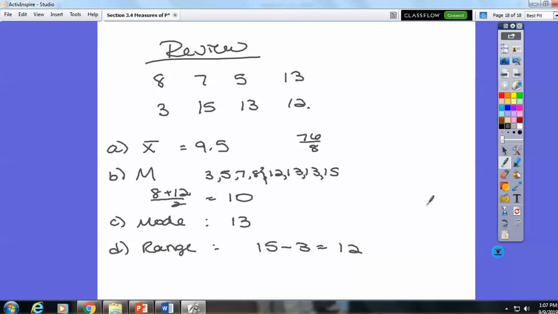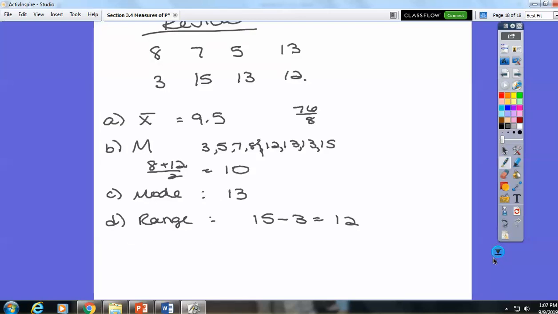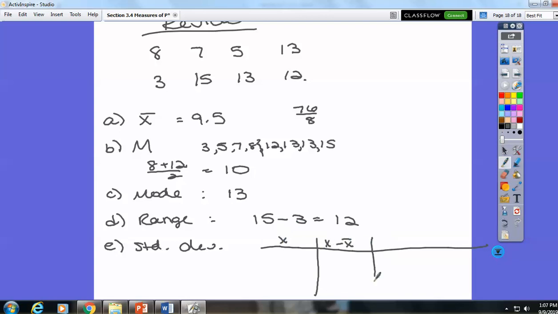Okay, let's talk standard deviation. I've shown you how to do that on your calculator and by hand. I told you that if I ask you to do it by hand, it will probably just be one problem, and it'll be a small data set. So this would be a small one we could do by hand. So if we made a table, we did our x minus x bar, and our x minus x bar squared.